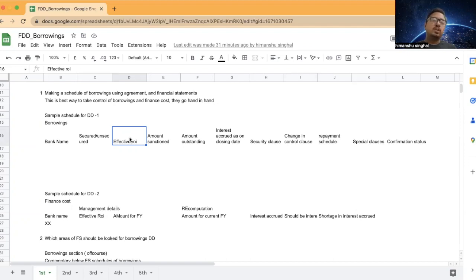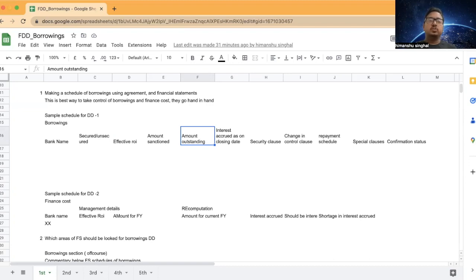Then you'll need to have the amount sanctioned and the amount outstanding as on closing date. They will rarely be the same, because the amount sanctioned may be 1,000 crores, and you have only been allowed to withdraw maybe 900 crores. The vice versa is also possible: the amount may be 1,000 crores and you have taken the loan, but as on closing date you might have paid half of it, or 75% of it, and a little balance is remaining.